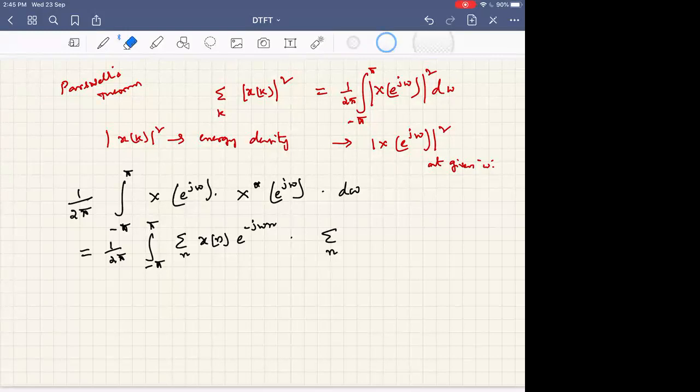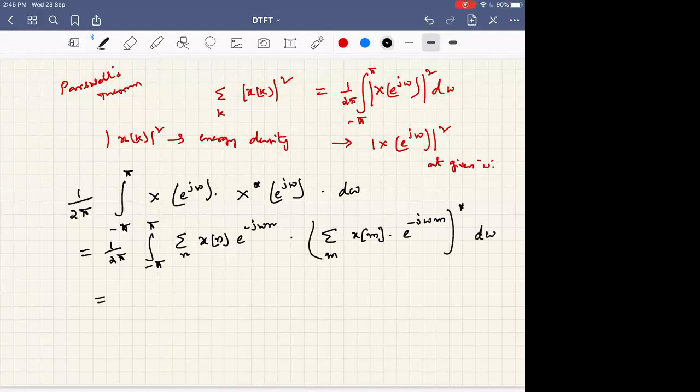I need a clear answer: should I use the same variable or a different variable? Different variables, because this summation is only over this term and that summation is only over that term. Whole star, d omega.